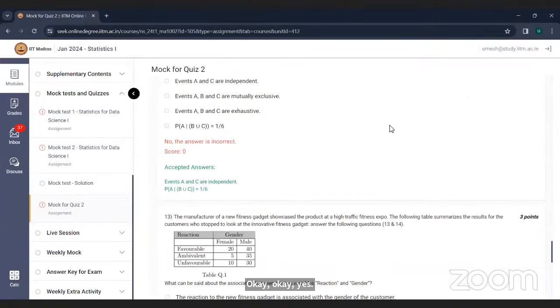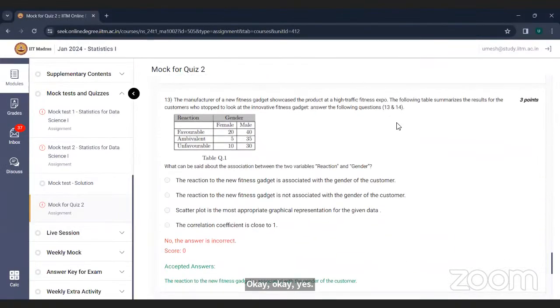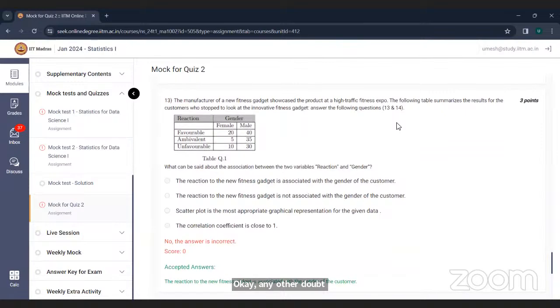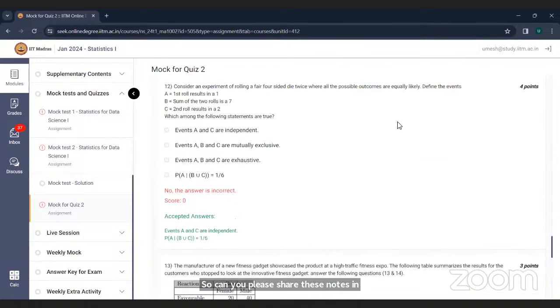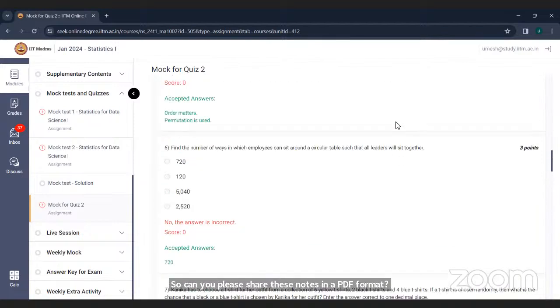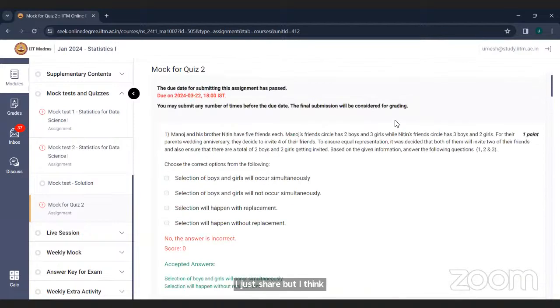Any other doubt? Sir, can you please share these notes in a PDF format also? I can share, but I think they upload this recording. The recording is okay, sir, just to have a glance at the notes.